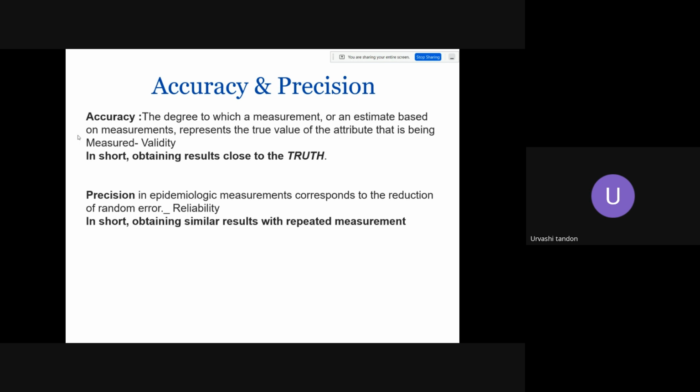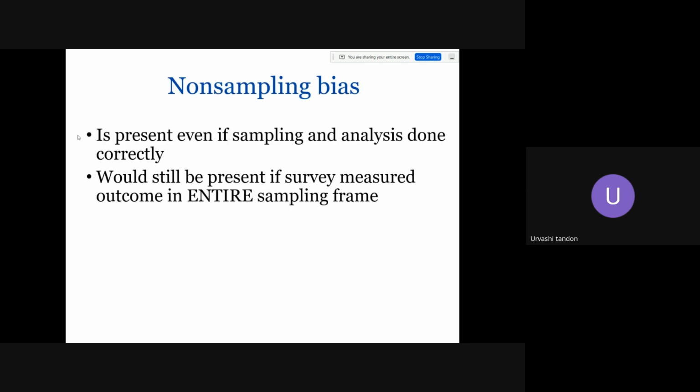So accuracy is obtaining results close to truth, and precision means obtaining similar results with repeated testing. Suppose you designed a questionnaire for the satisfaction of electric vehicle owners, and you use the same instrument after 10 years, and it gives more or less the same results. That means it has reduced the error.